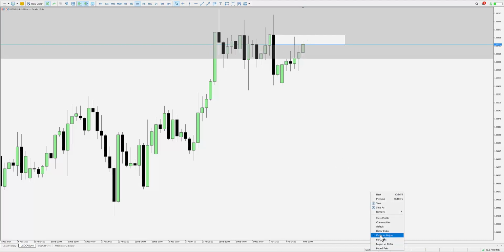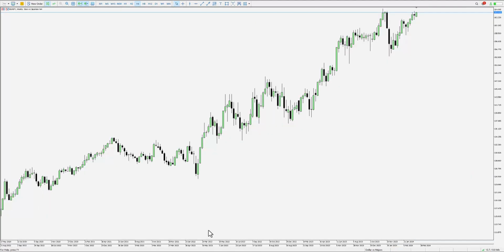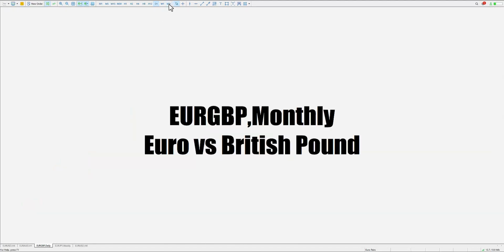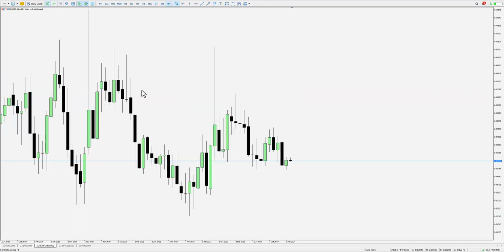Then we also have Euro GBP. So you can go to Euro. Also have Euro GBP. Let's go to the monthly chart. Now there is a way that you can trade Euro GBP quite easily, and that is to also use the euro pairs and the pound pairs together.